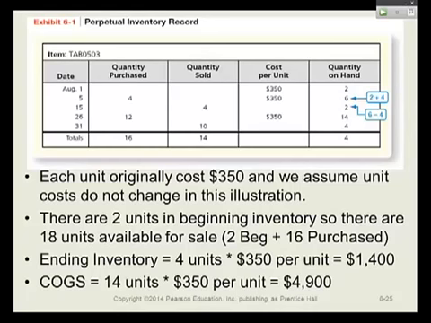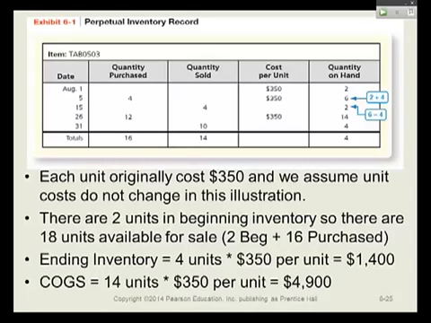Now, because everything is at the same price, the allocation problem really doesn't exist. The units you have on hand are going to be 4. You sold 14, and what gets a little confusing, and I'm trying to keep what I do with you as consistent as possible with the textbook, is that it looks like this doesn't add up. But I've got 16 units purchased, and I have what? 2 at the beginning.